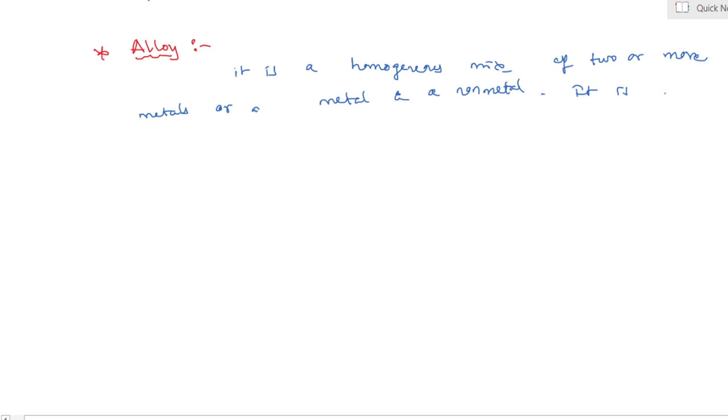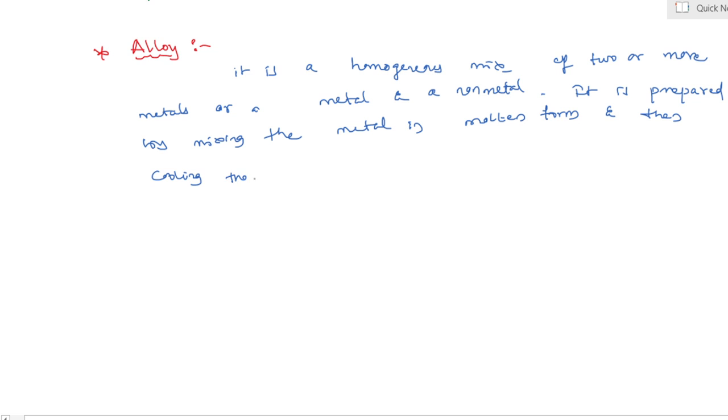It is prepared by mixing the metal in molten form and then cooling the mixture. Yes, the electrical conductivity and melting point of an alloy are less than that of what? A pure metal.